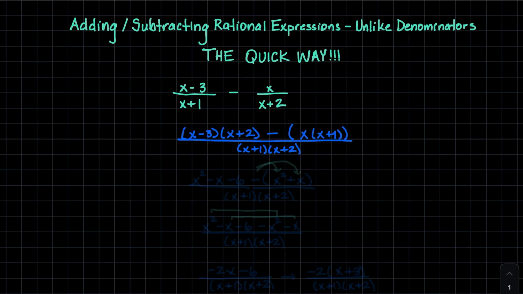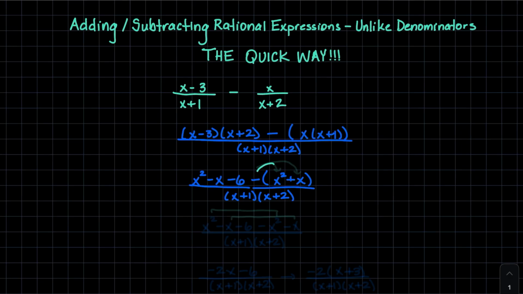x minus 3 times x plus 2. Remember, we have to FOIL that out or distribute that out, whichever you call it. That's going to give us x squared minus x minus 6 minus, I'm going to keep following this up with the parenthesis until I simplify it. That's x squared plus x all over x plus 1, x plus 2.